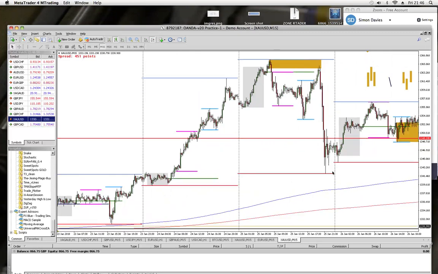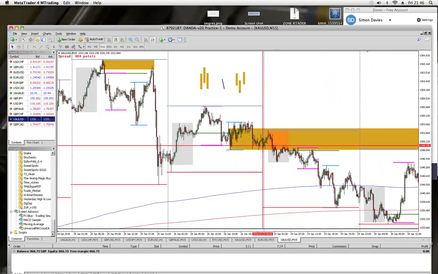How we played around this before. So Monday's here. Tuesday breaks the low. So we're looking for a sell. There's your 3-bar swing inside of New York there. So we're looking for a sell.